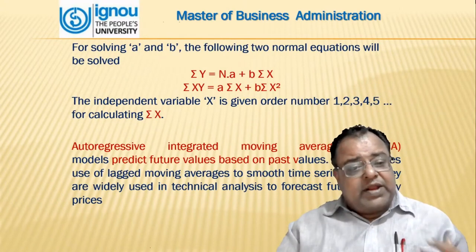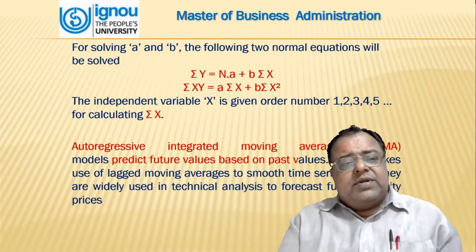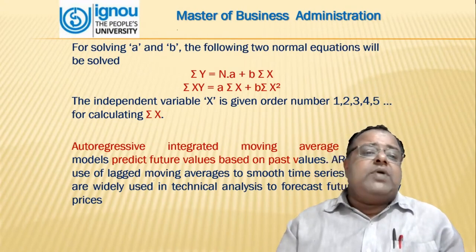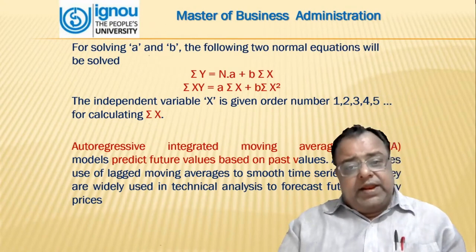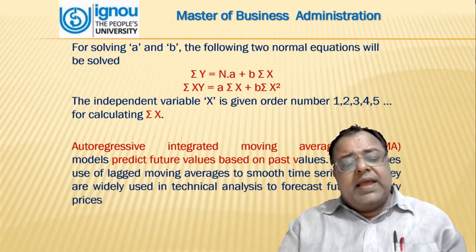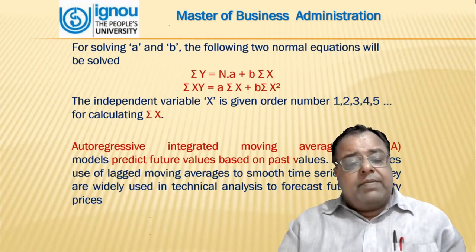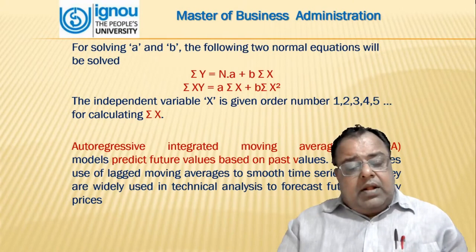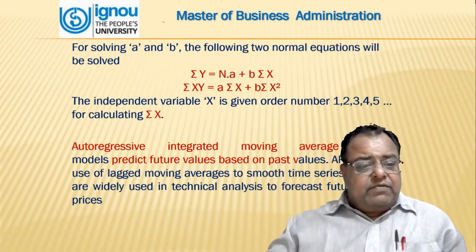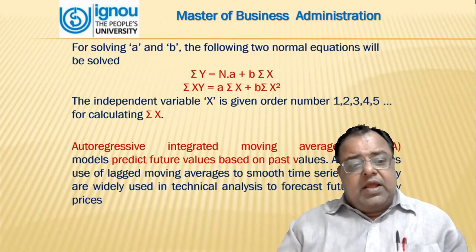As we are supposed to calculate the values of a and b, we will be using two normal equations: summation y = na + b summation x, and summation xy = a summation x + b summation x squared. The independent variable x is given in order 1, 2, 3, 4, 5 for calculating summation x.